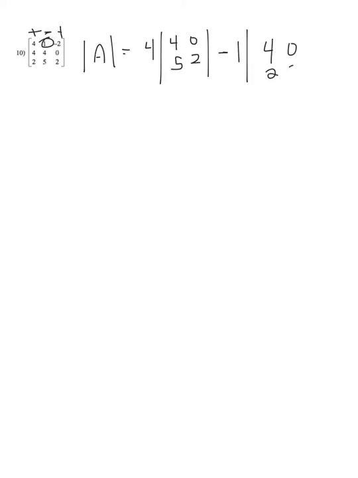So the determinant of A is going to be 4. I need the positive, the negative, and the positive. So it's going to be 4 times 4052 minus 1, that's this one, times 4022 plus this one, -2 times 4425.